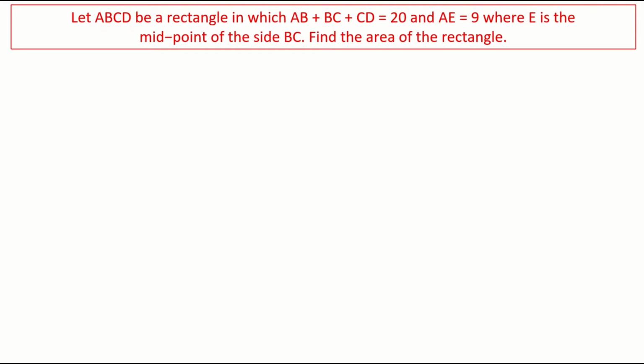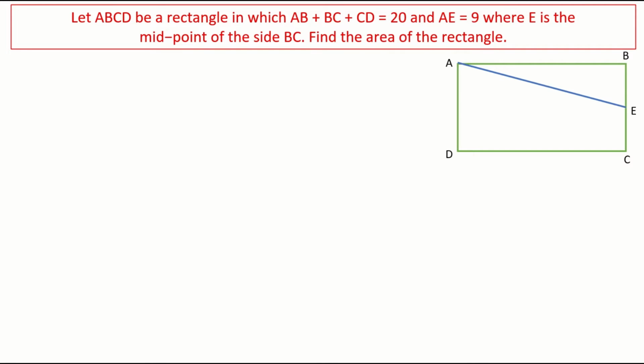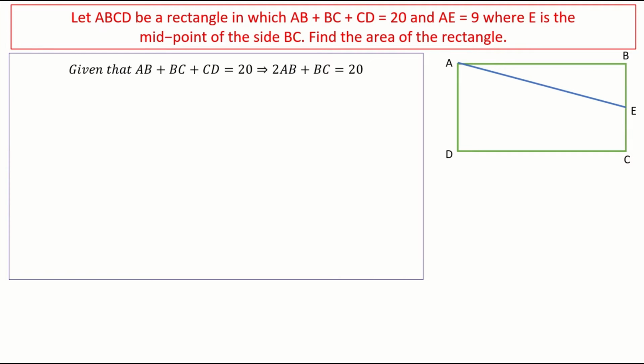If ABCD is a rectangle in which AB plus BC plus CD equal to 20 and AE equal to 9, where E is the midpoint of the side BC, find the area of the rectangle. So first draw the diagram. ABCD is a rectangle, E is the midpoint on BC, AE is given as 9 and AB plus BC plus CD is 20. Okay, AB equal to CD, right?